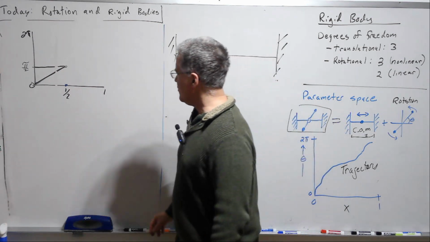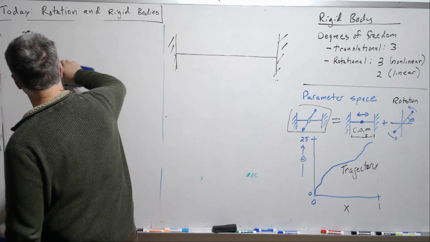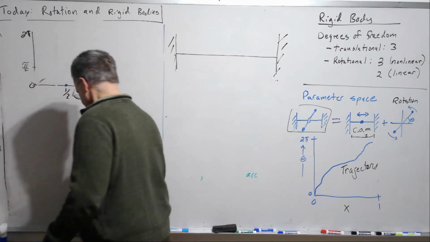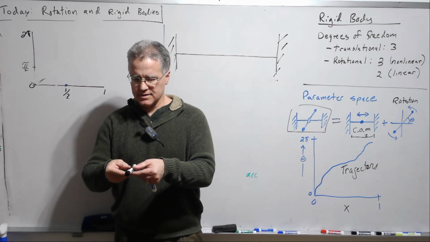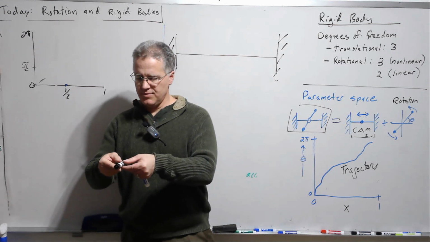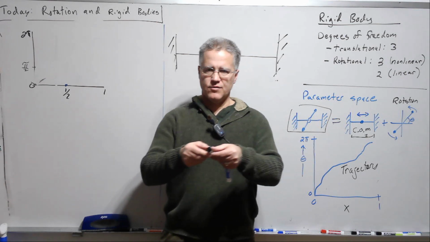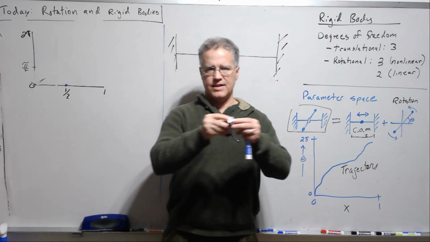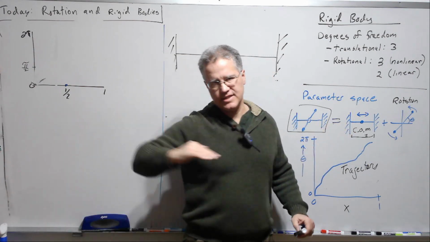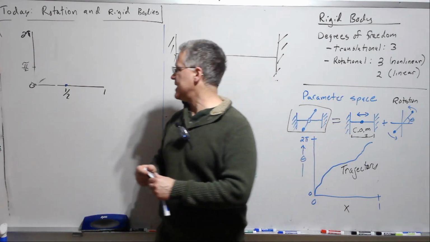Okay, let's do a couple without constant motion. Let's say we have constant rotation, but we're going to start slowly. We're going to be moving slowly and then pick up. So we'll be accelerating as we rotate.